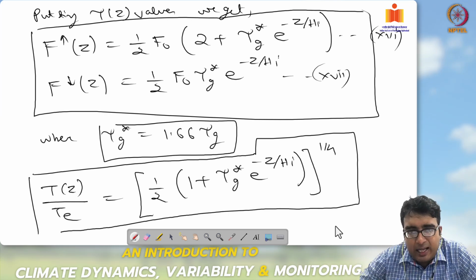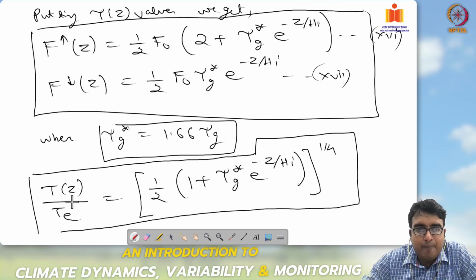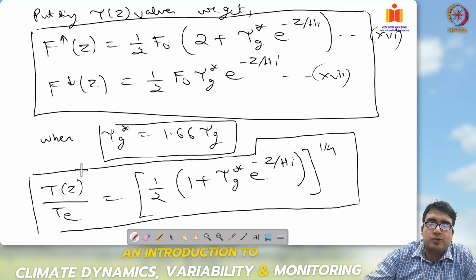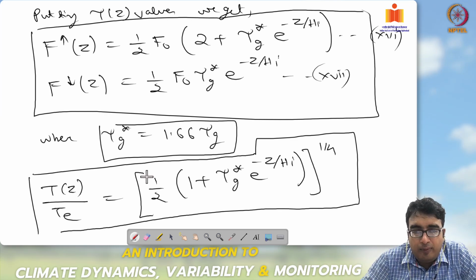In the previous class, we were finally able to derive the expression for the temperature of the atmospheric layers as they vary with altitude z, in terms of the black body emission temperature of Earth.